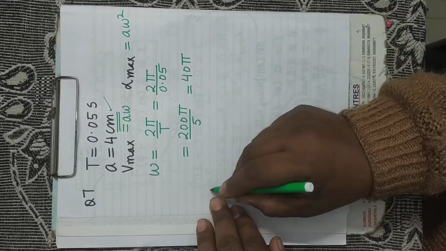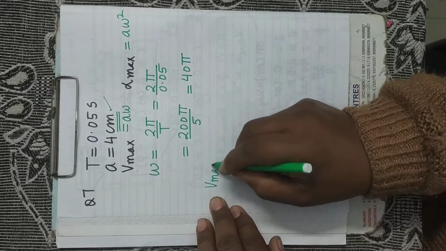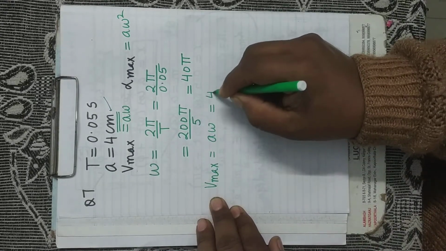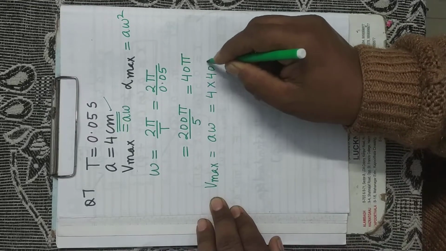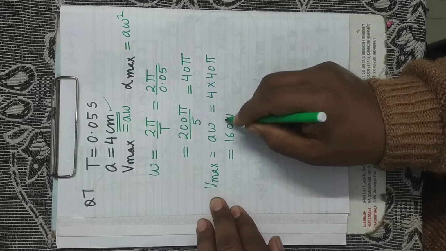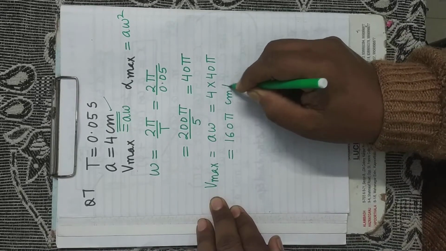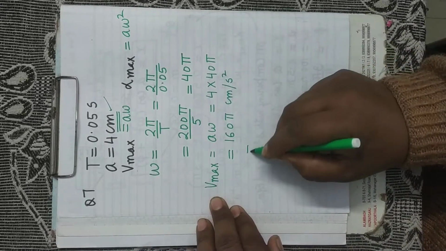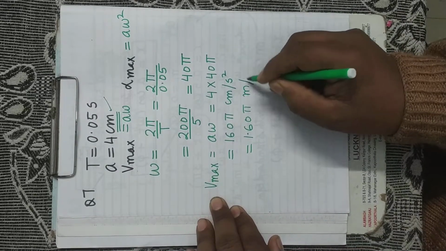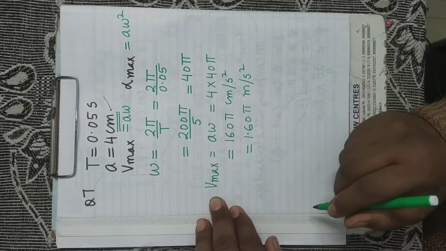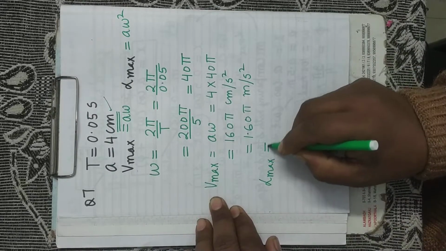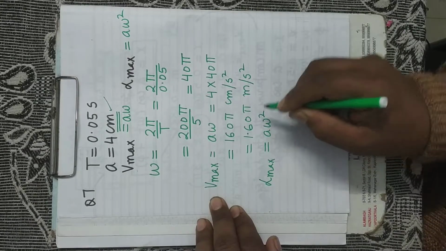So see here, Vmax equals A omega. What is A? It is 4. Omega is 40 pi. That is 160 pi centimeter per second, that is 1.6 pi meter per second. This is Vmax. What is alpha max? A omega square.